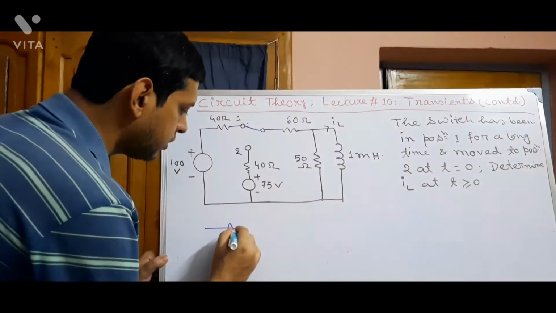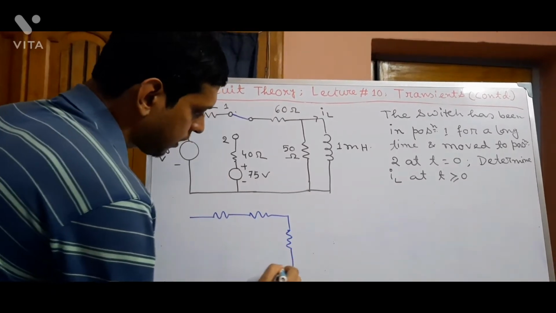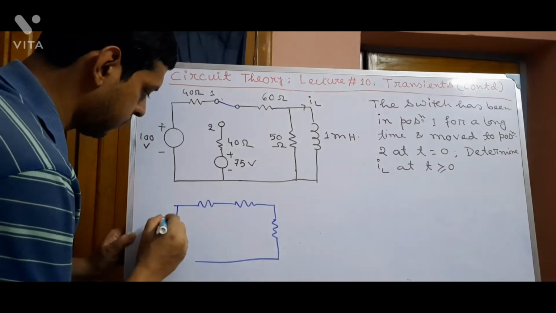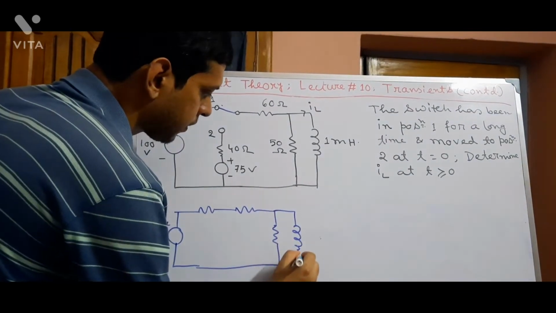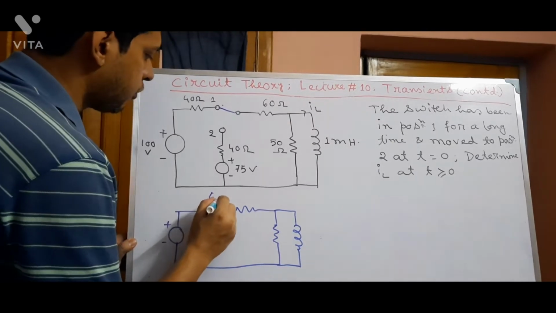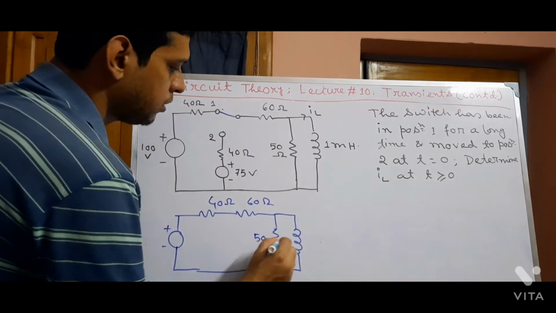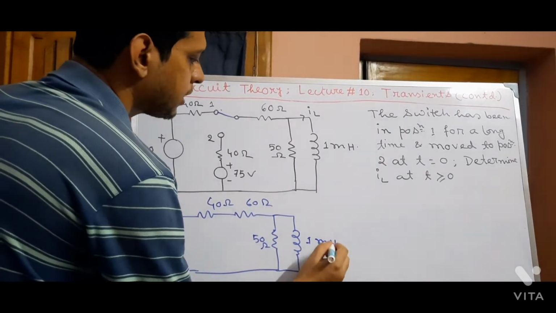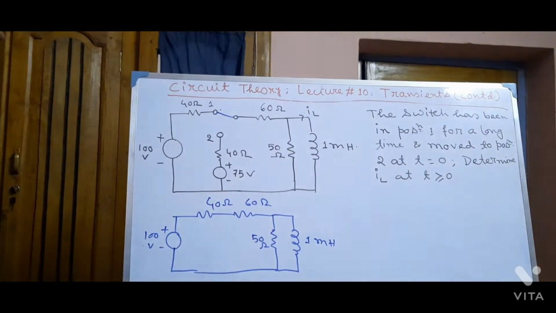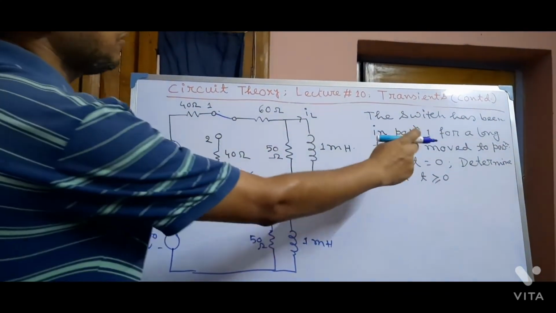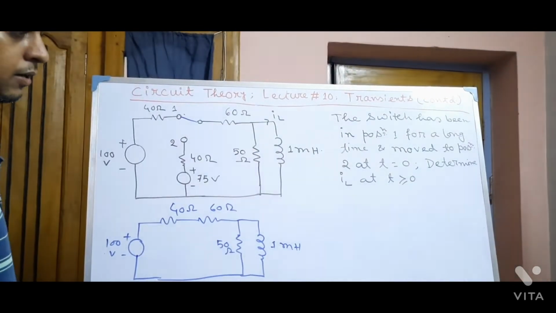The circuit was like this one. This is 40 ohm, this is 60 ohm, this is 50 ohm, this is a 1 millihenry inductor, and this is a 100 volt DC source.